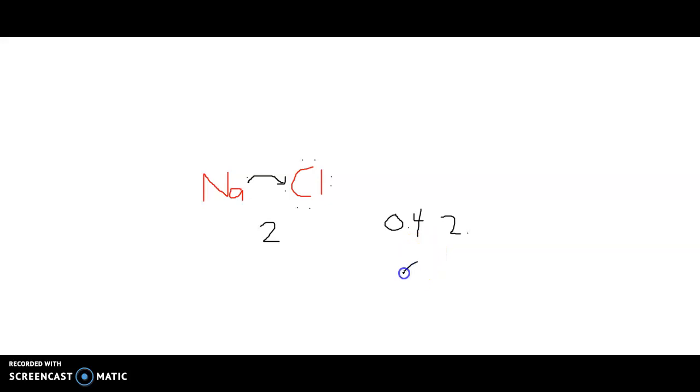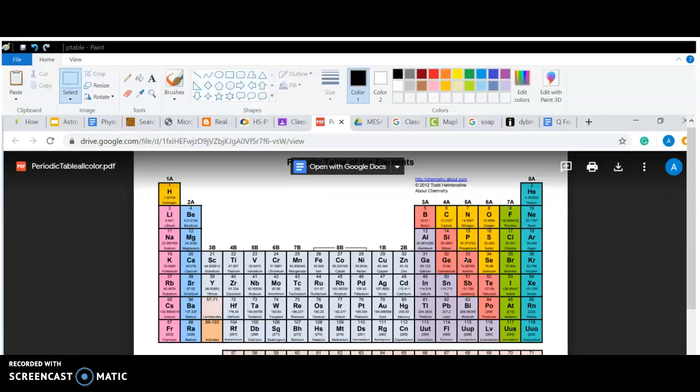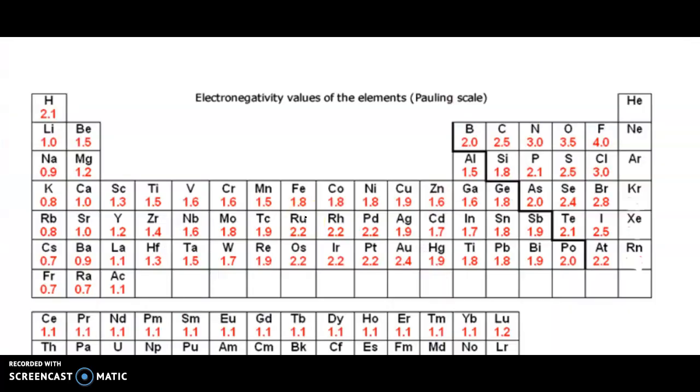And if it's less than 0.4, it's going to be a non-polar covalent bond. So that just rounds out what we've been looking at. But we can predict, remember, metals and nonmetals form ionic bonds. So we don't necessarily have to look at those values, but we can use those values to help us determine the type of bond.